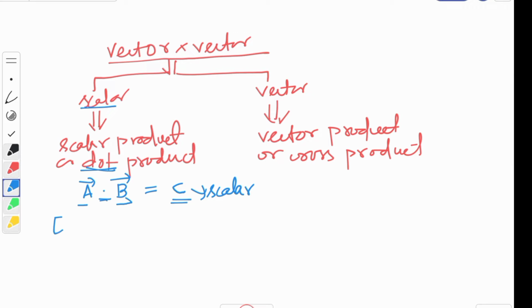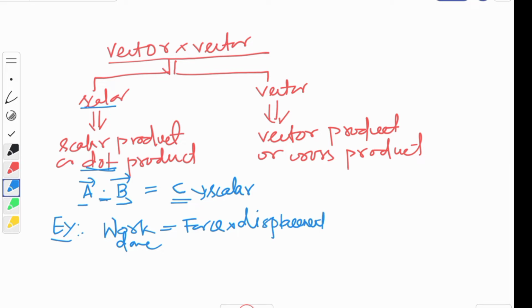Day-to-day example: work done. Work done is equal to force into displacement. This thing you have studied in class 9. Now how do you write it?